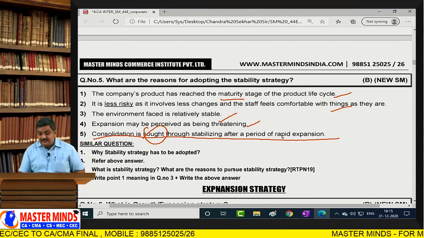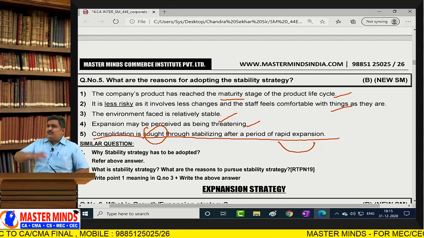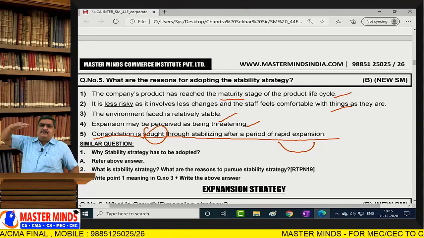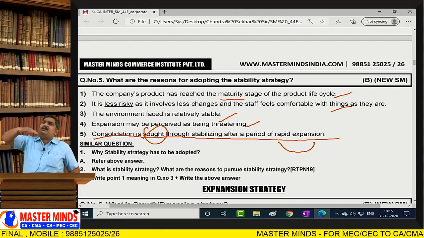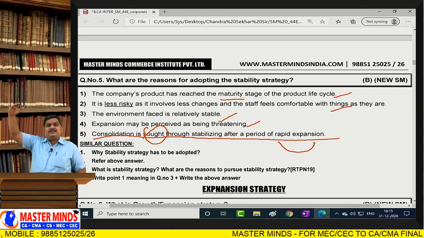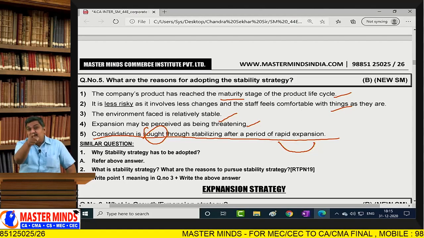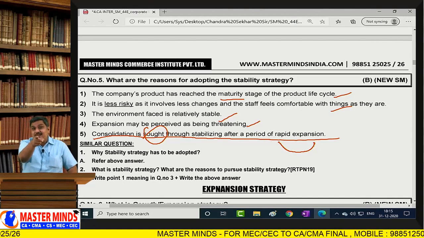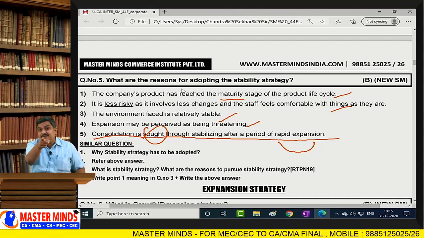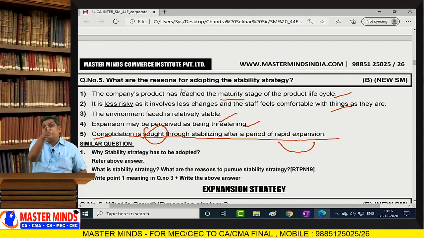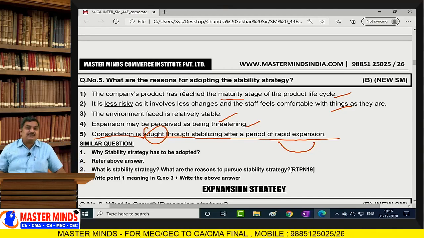For what? After rapid expansion. See, you have expanded your business, from this level to this level. Now it is very good, but be careful. You will slip from that position. You will fall away from that position. So don't take much risk. Consolidate your business. Stabilize your business.